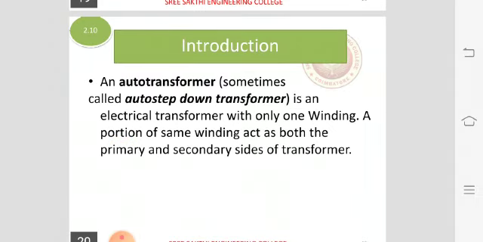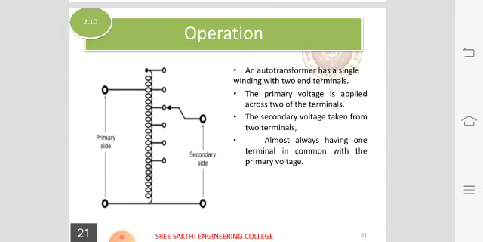An auto transformer, sometimes called an auto step down transformer, is an electrical transformer with only one winding. A portion of the same winding acts as both the primary and secondary sides of a transformer. So next we will see the operation of the auto transformer. Here we have a common winding separated for primary and secondary.